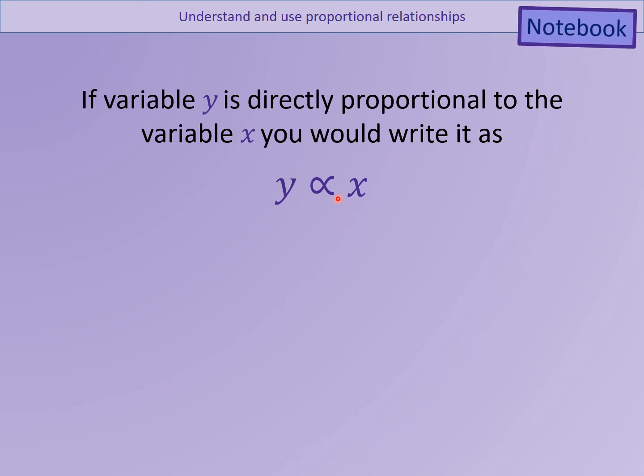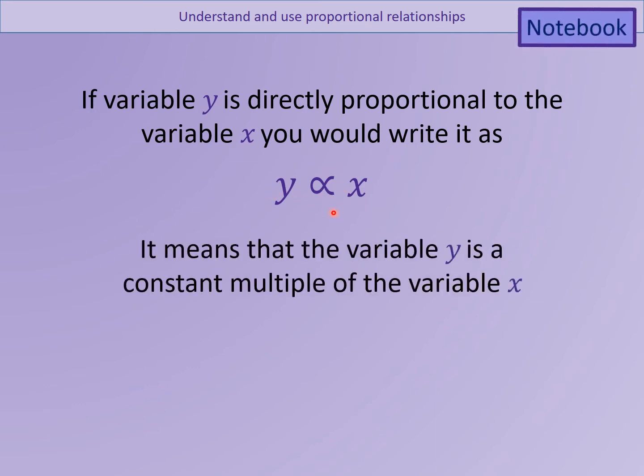Now, because you've got this multiplying relationship, you can rewrite this as an equation rather than with the proportionality symbol. So if I know that y is proportional to x, it means that y is some constant multiple of x. Twice a lot, 2 lots of it, 3 lots of it, half of it. Doesn't matter what it is.